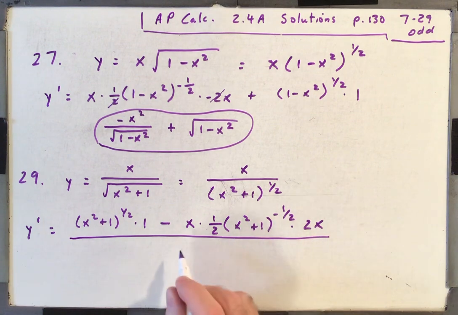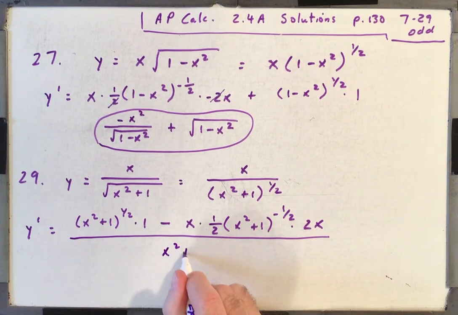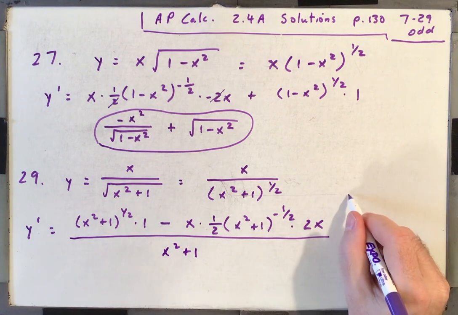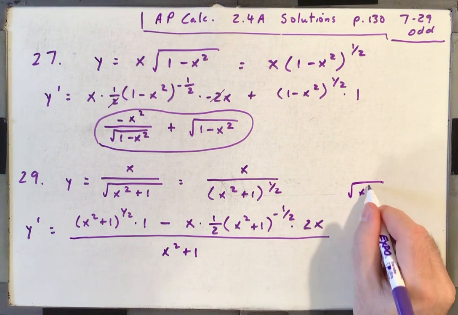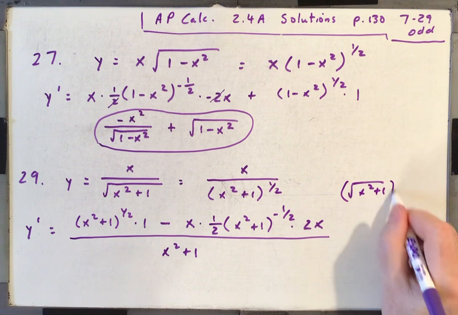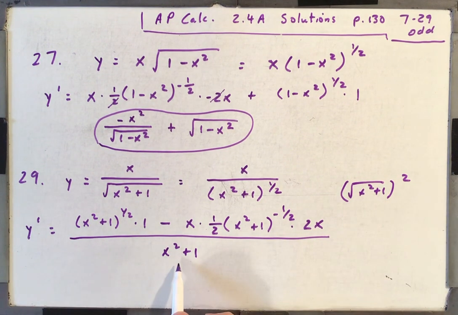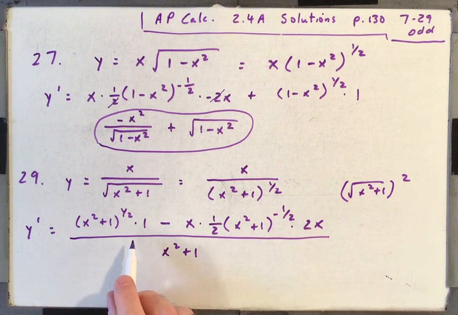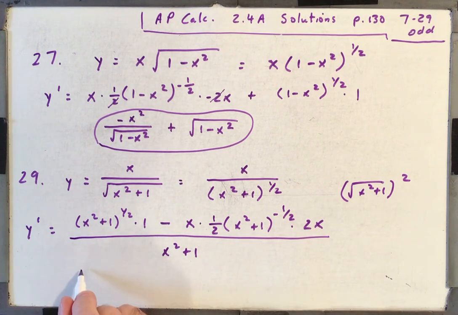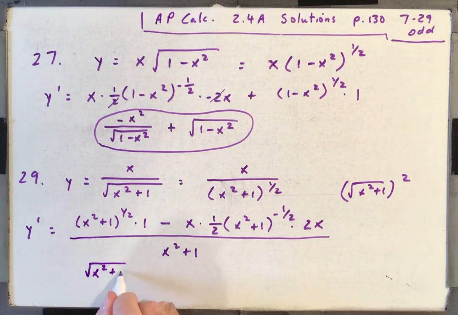all over x squared plus 1 to the 1/2 squared. Well, if you square that, it's just going to be x squared plus 1. Right? If you square the square root of x squared plus 1, the radical lifts, so you just get x squared plus 1. All we need to do is clean up the top here. So I've got, and again, you can leave it as 1/2, but I'm going to write square root of x squared plus 1.